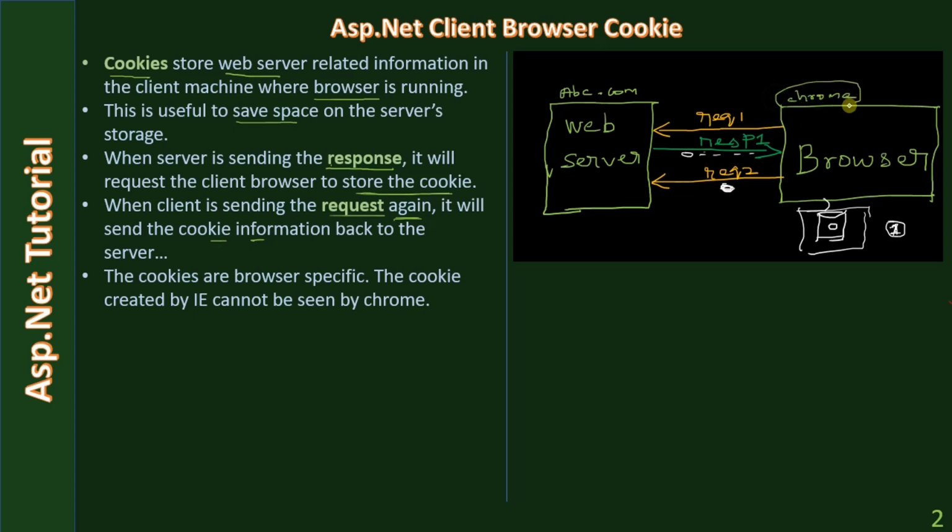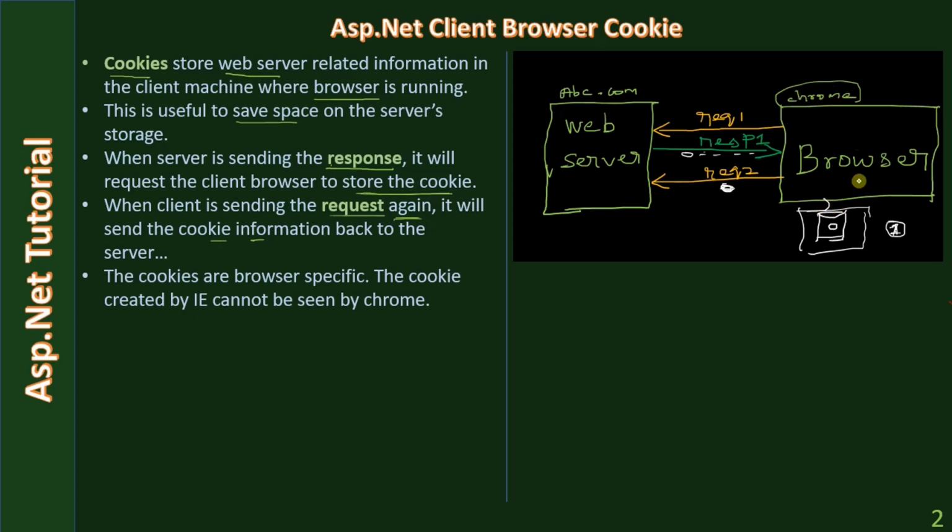When a cookie is stored, the stored cookie is specific to the Chrome browser. If the same user is accessing the site abc.com through Microsoft Edge, then the information will not be available. So that's why we are stating the cookie is browser specific.